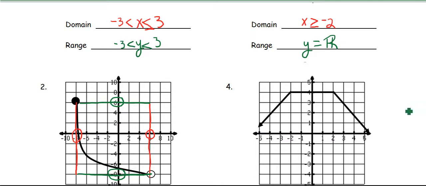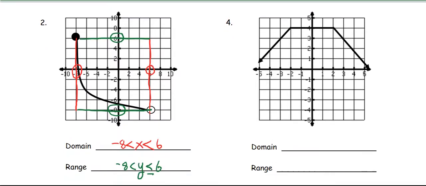Now let's look at this one. Is there a place where our x's ever stop on the left hand? No, you see this is an arrow, that means it goes on forever. How about stopping on the right? It's an arrow, it's going on forever. So in this case, our domain is x equals all real numbers.